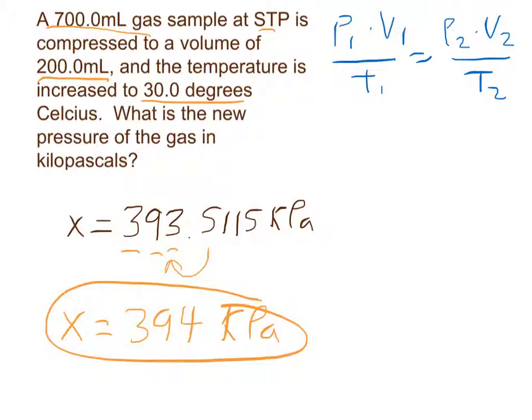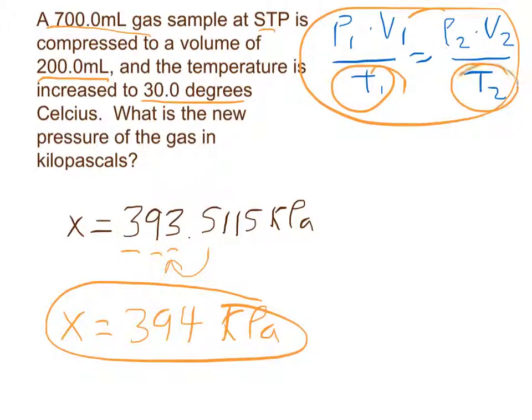So there was a lot of changes in both volume and temperature, and the combined gas law will help you solve those problems when there's 2 variables changing, and you're solving for, in this case, the variable of pressure, and we were able to solve that with no problem using the combined gas law equation. I hope you understand how to use the combined gas law equation, and never forget, always put your temperature in Kelvin. That's the key mistake a lot of people make. Remember, always put temperature in Kelvin.